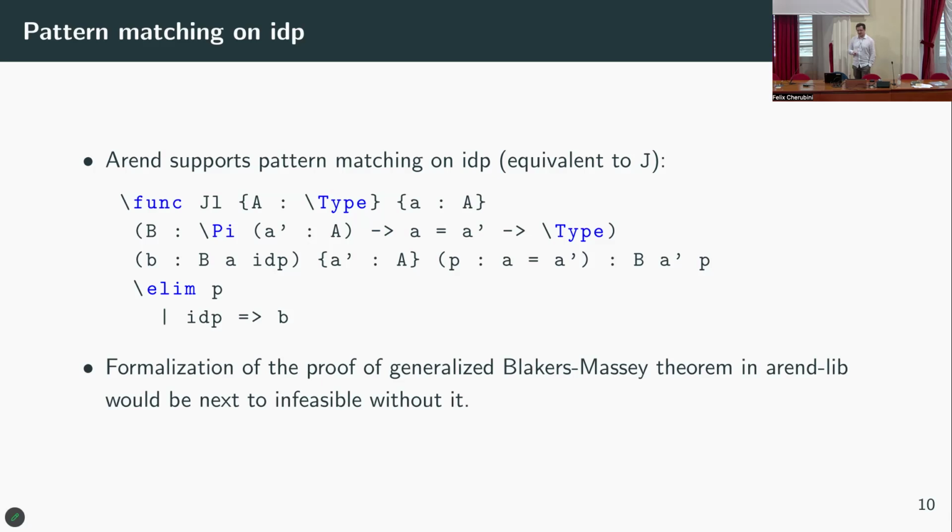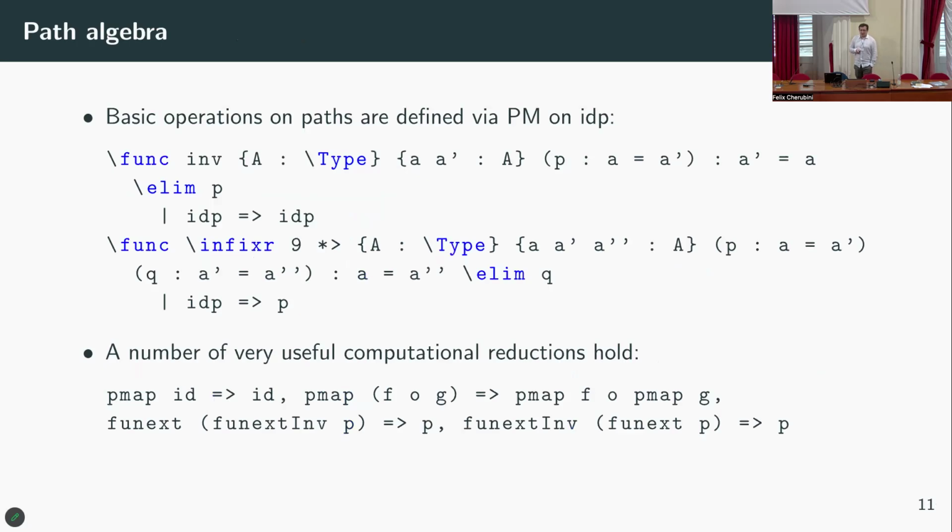Instead of this, you can just use pattern matching and then it goes through. So, the operations inverse and composition are now trivially defined with pattern matching and the identity paths. And we have some nice computational rules for the resulting path algebra, which are quite useful.